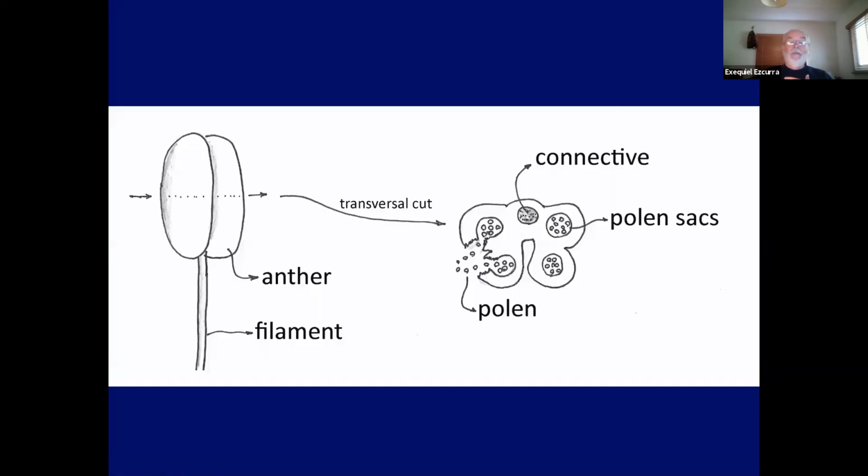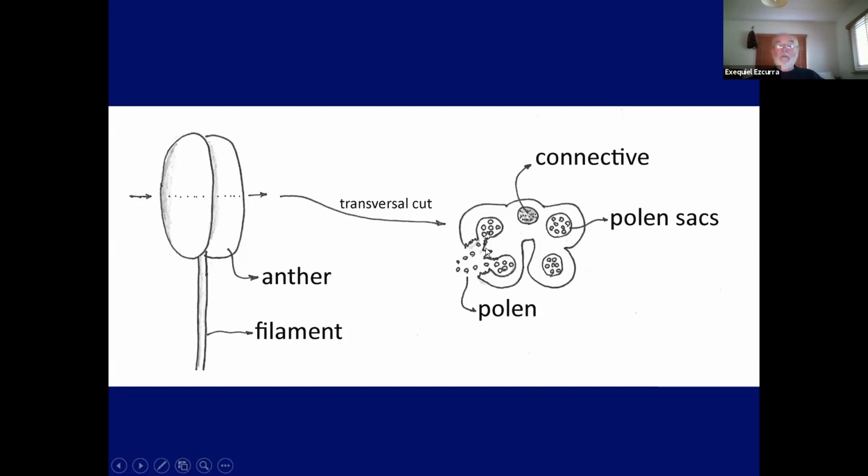Each stamen is formed in turn, we saw it last class, by a filament and a structure here like two little rounded balls that are called anthers, oblong. They look almost like footballs very often. The anthers themselves, if you make a transversal cut and look at them in the microscope, you will see that each anther normally has two pollen sacs, rarely one, but normally two pollen sacs.